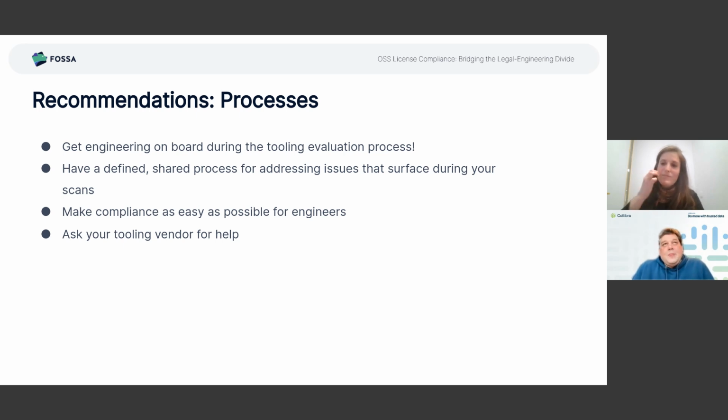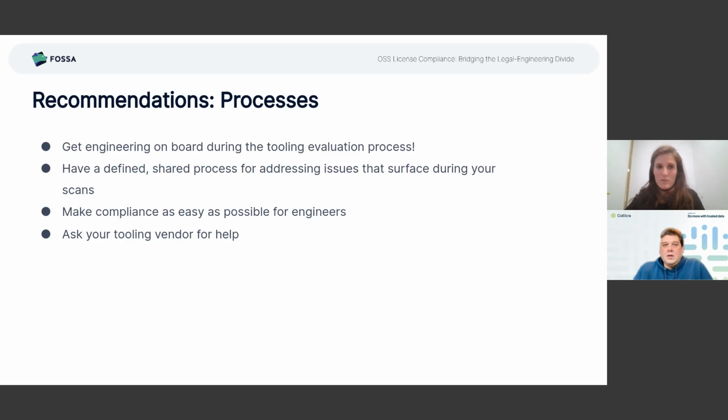And then once you have this initial scan ready for all of your code bases, getting from that to steady reporting is also not easy. And this is really where the alignment comes into place.